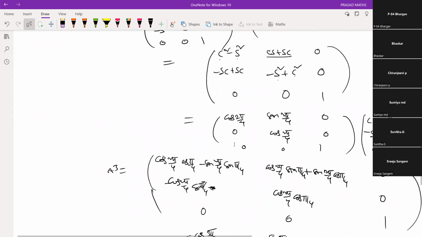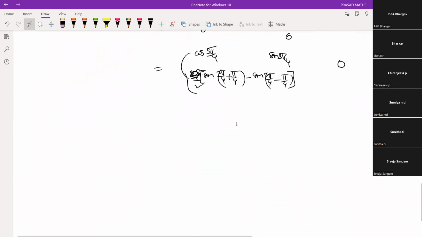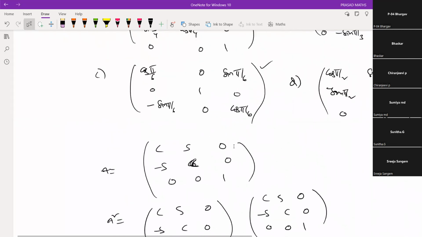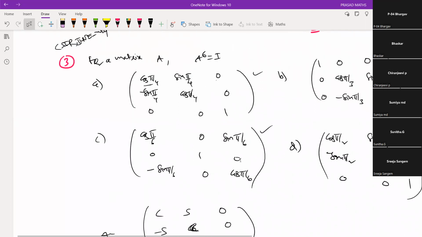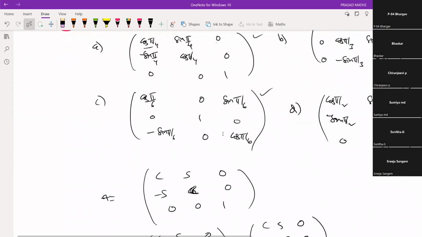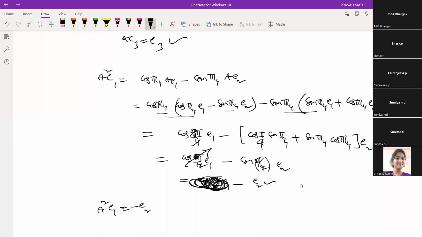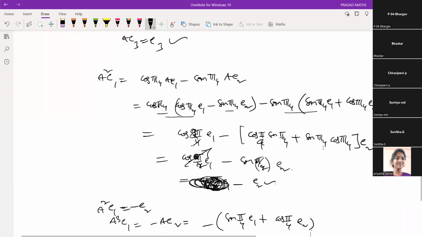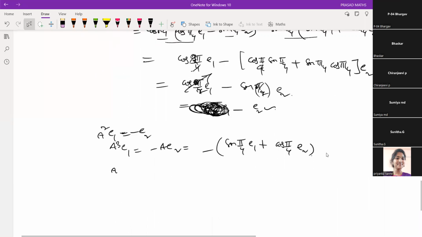Okay, this is one way, but I'm going to follow the second method. The trick behind this: all are the same, and in all of them there is a minus sign. Therefore sin pi by 2, that is minus a2. Next, what is a cube e1? Minus a2. That means sin pi by 4 e1 plus cos pi by 4 e2. Next, what is a power 4 e1?